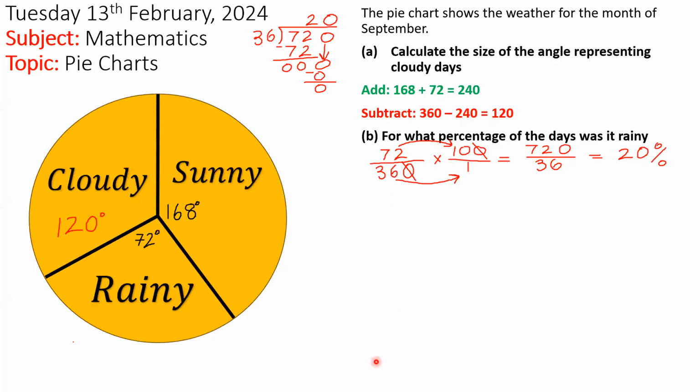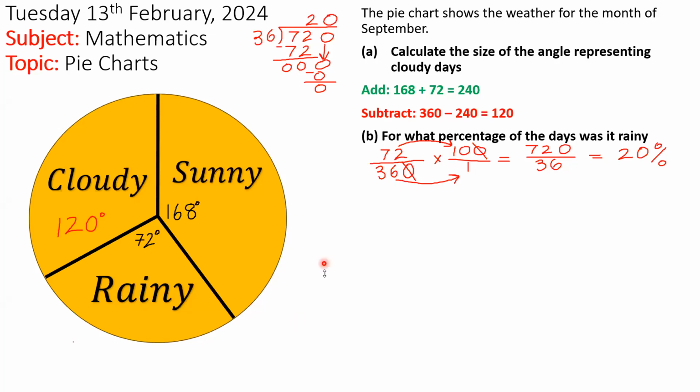All right. So let me ask Amarani. Amarani, can you explain how we got 20%? You first have to find the percentage of the rainy day. Rainy is 72 degrees. So you put 72 over 360, which is the degrees of a circle, times 100 over 1.